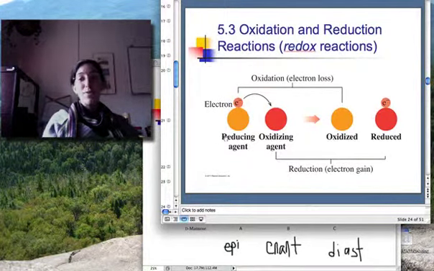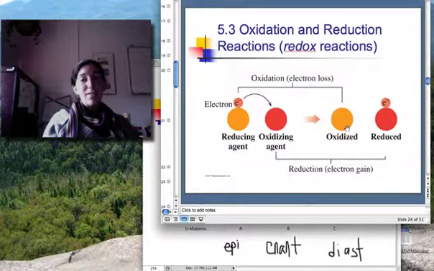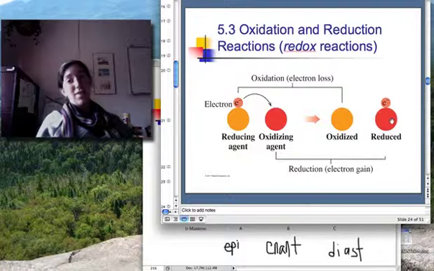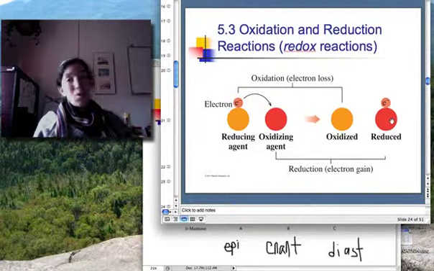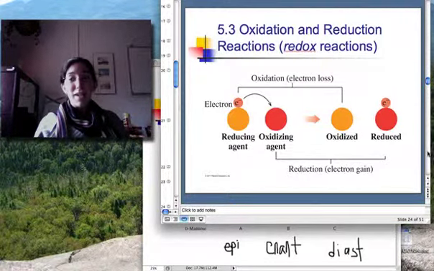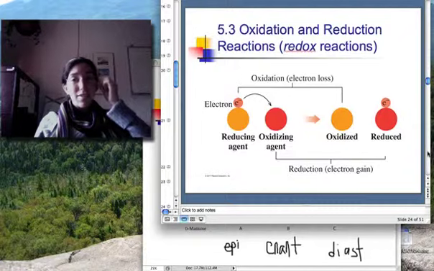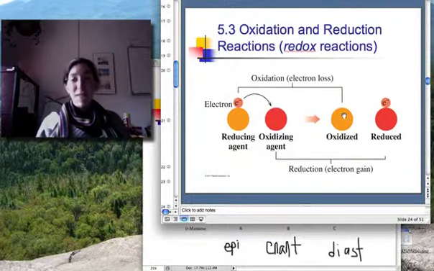So a reducing agent gets oxidized, an oxidizing agent gets reduced, okay? You might have to watch that again a couple of times, read it a couple of times till it clicks. But the main thing to remember: oxidation is loss, and this guy loses the electron, and reduction is gain. This one gains the electron, okay?